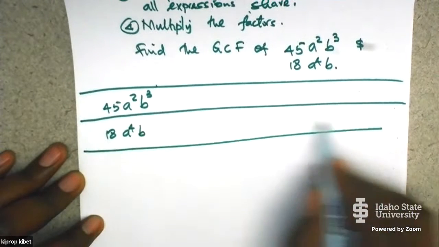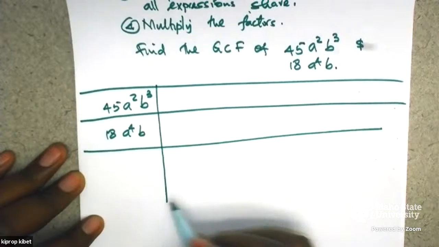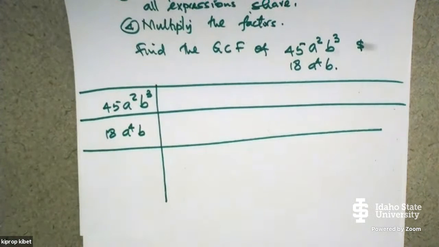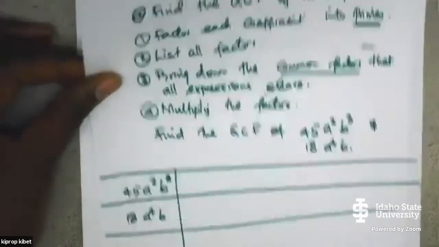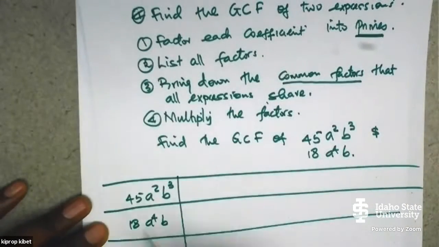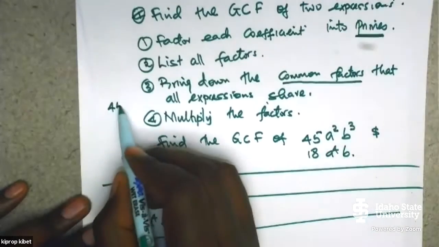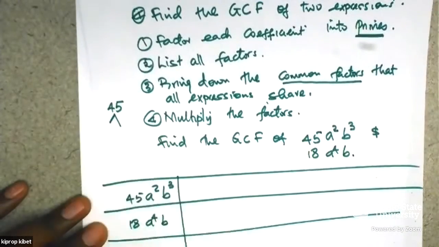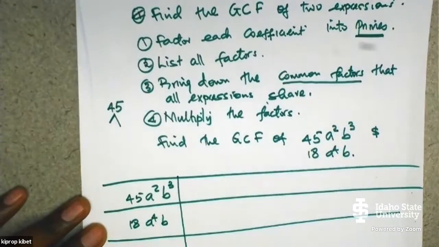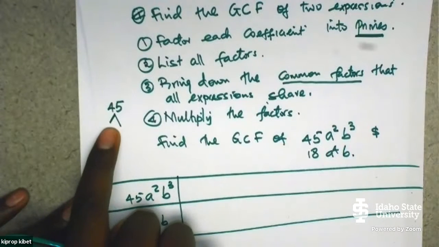And then I look for the primes of each one of them. When you're getting the primes of 45, you get the factors multiplying to 45.